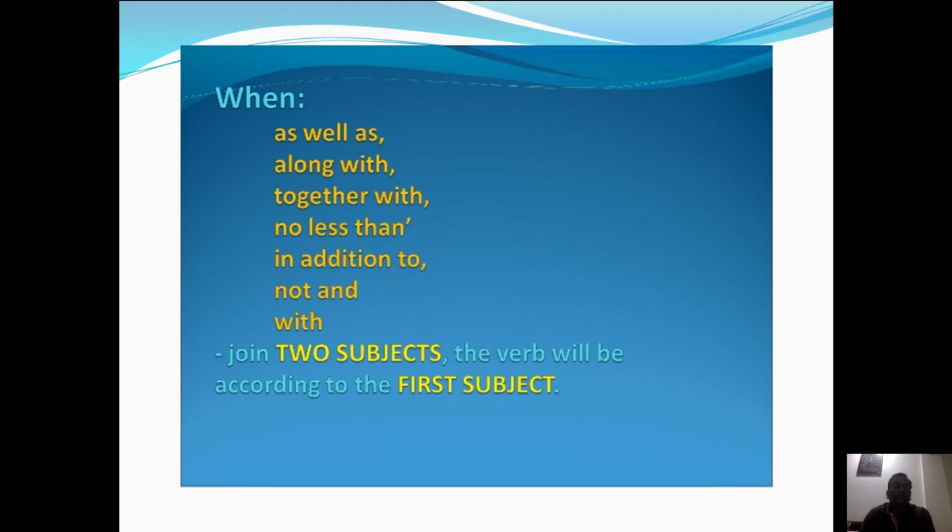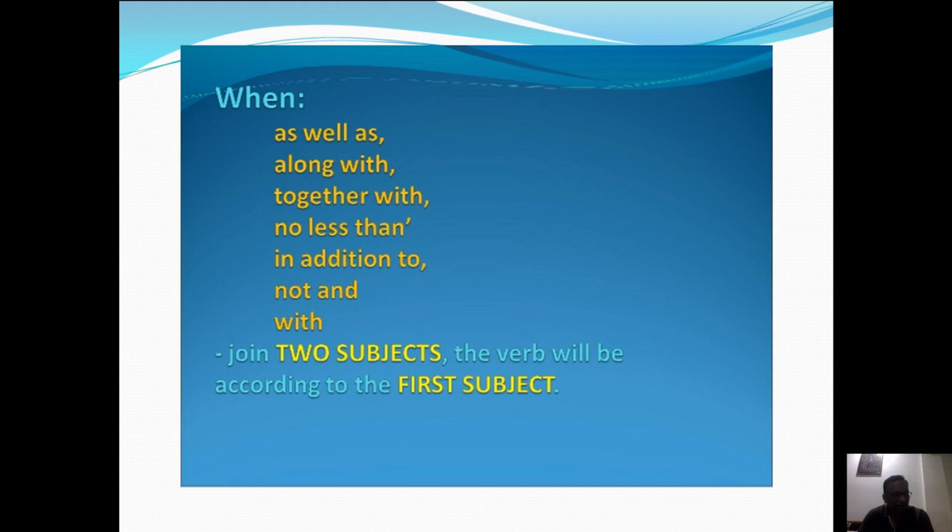When, as well as, along with, together with, no less than, in addition to, not and with join two subjects, the verb will be according to the first subject. I read one more time. You should not be confused in this category. Keep in mind these particular slides and try to understand the concept.